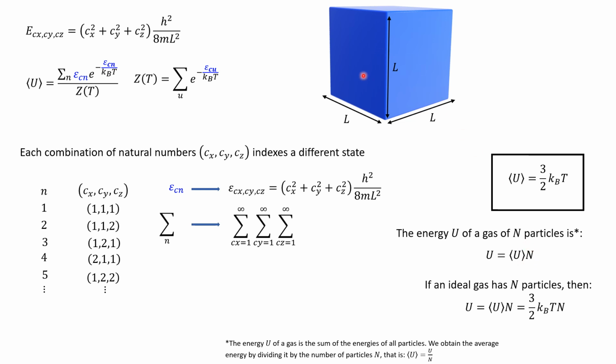And since we are assuming that the particles are identical, in other words, an ideal gas of identical particles, this average energy is the same average energy of the system of a single particle in a box. So it follows that the total energy is given by this term times the number of particles.